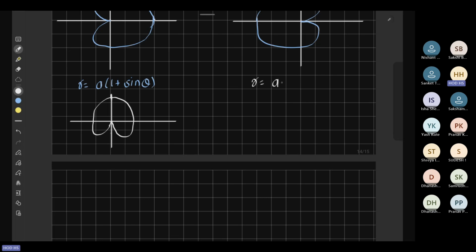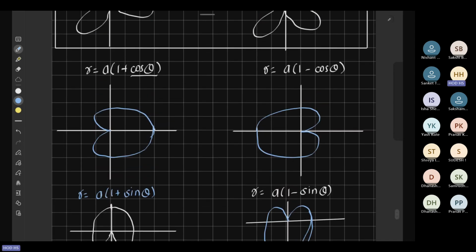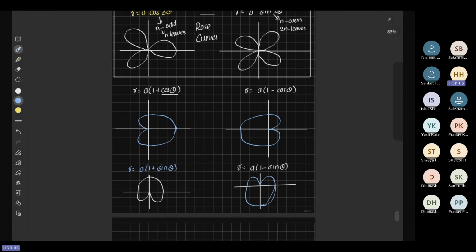And r is equal to a into 1 minus sine theta. Again the same thing, but this time the roles will be reversed. Maximum value achieved at minus pi by 2, minimum value achieved at pi by 2. We will have a shape like this, and the counterpart will be symmetric with the y-axis. So I hope you will remember these shapes.